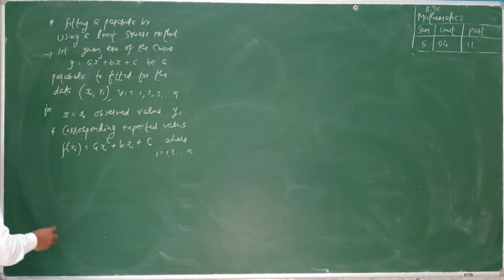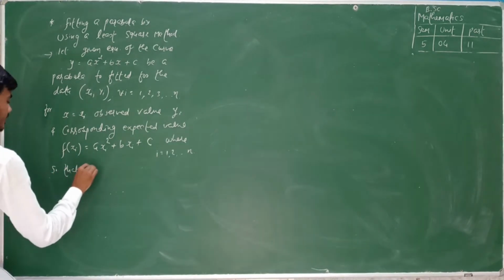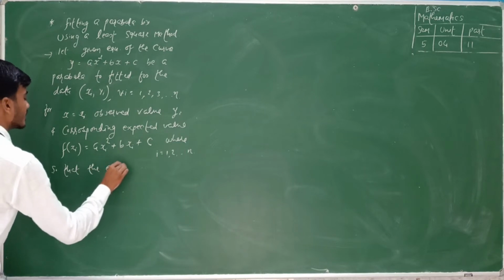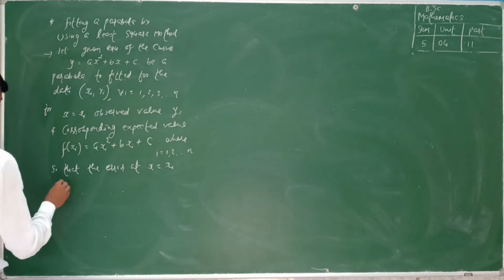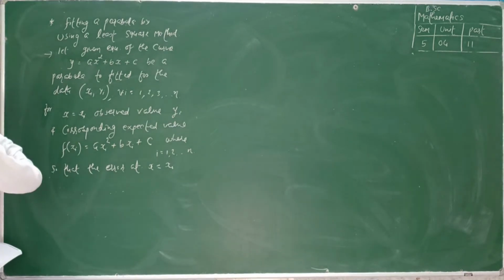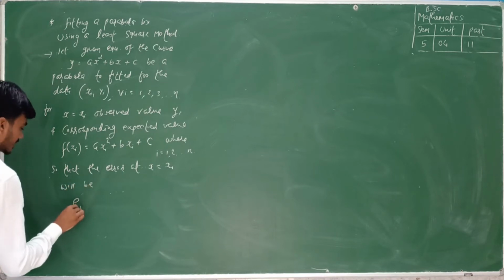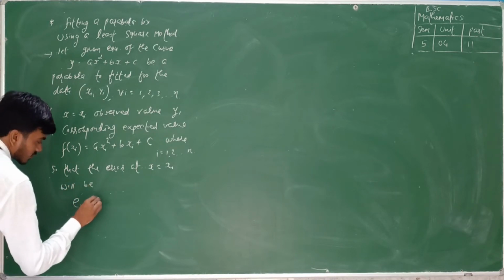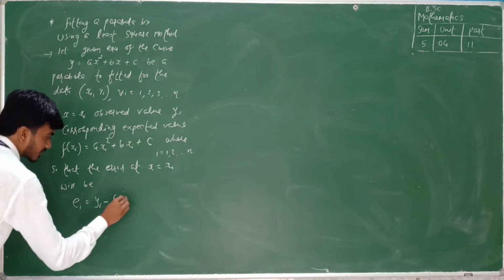Hence the error at x = xi will be ei, the observed value minus the expected value.